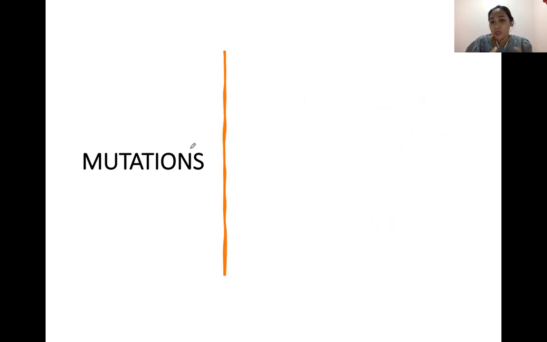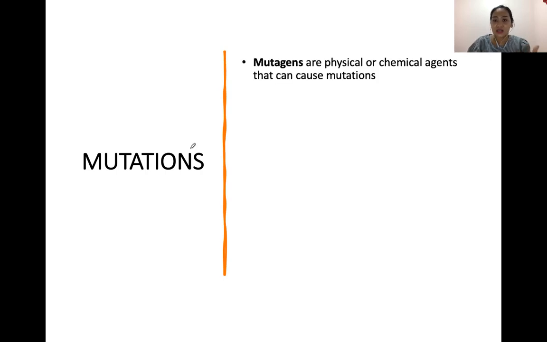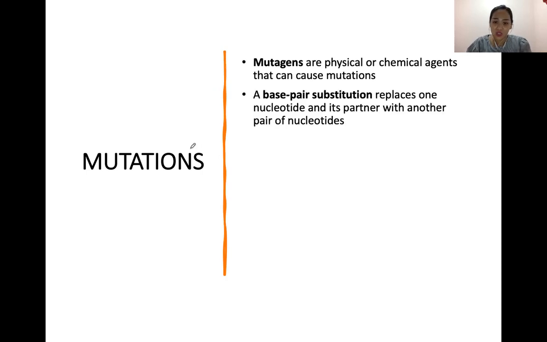But since we know that the information stored in the DNA dictates the sequence of the protein, this amino acid change has a corresponding base change. So these are mutations, or changes in the DNA sequence, which are caused by mutagens. These mutagens could be either physical or chemical agents that can cause mutations.